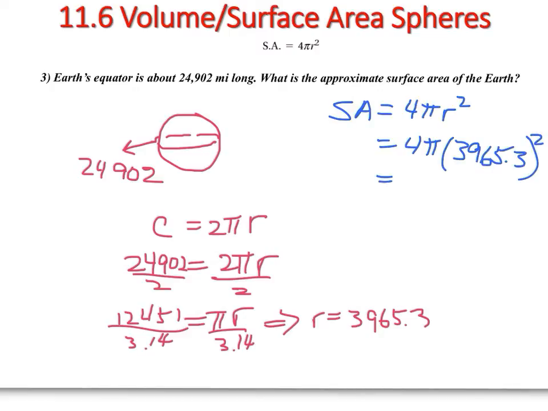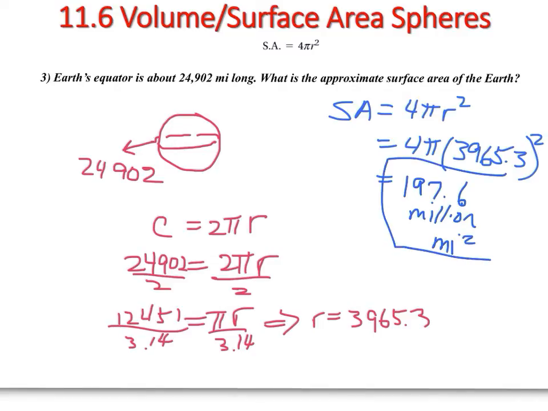And doing that calculation, I got 197.6 million square miles. So miles squared. And that number is so large because it's the whole surface area of the entire Earth.